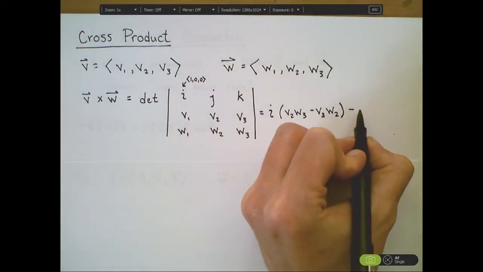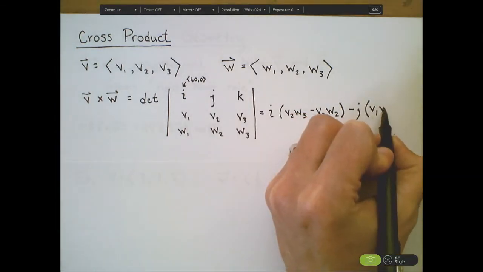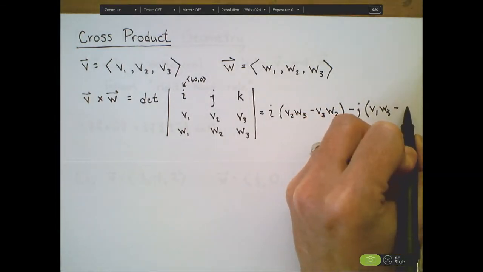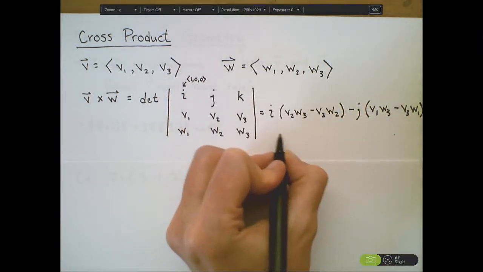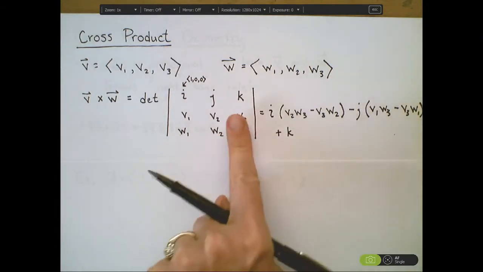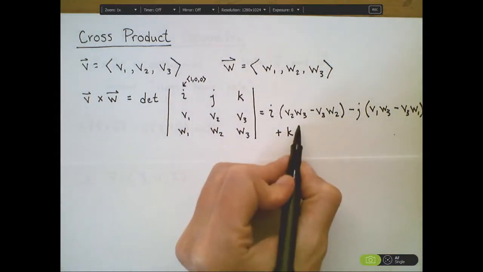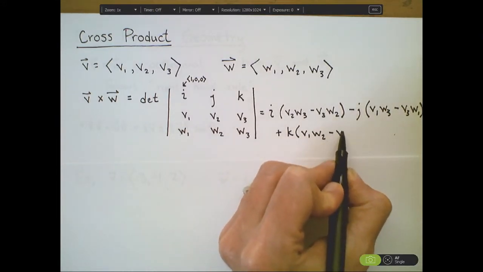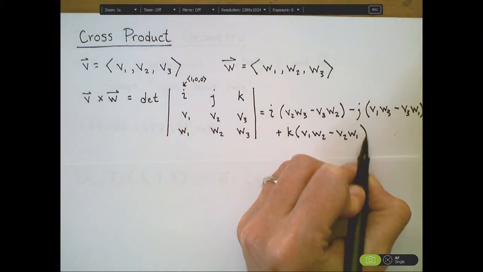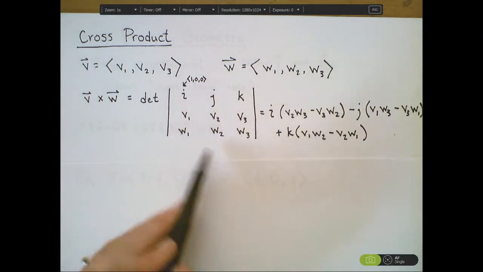So that's going to be minus j times (v1 w3 minus v3 w1). And then finally, plus k times the determinant of this matrix back here, which is going to be v1 w2 minus v2 w1. This is long and messy, and I don't want you to think of this as something that you memorize. I want you to think of it as the process of going through this.